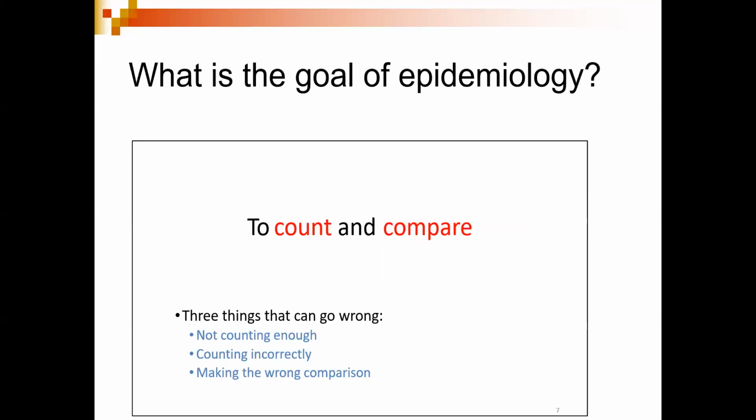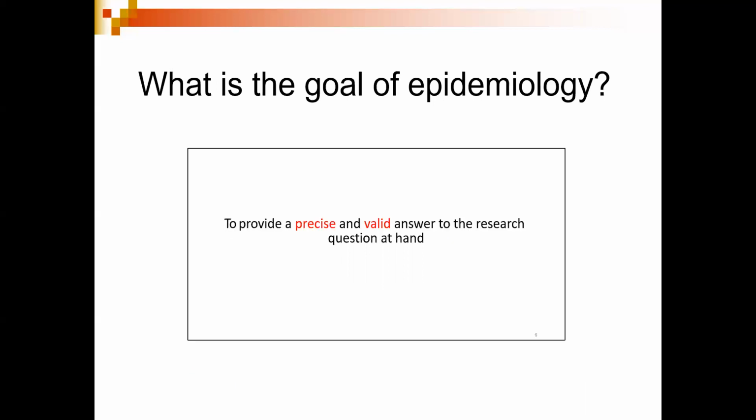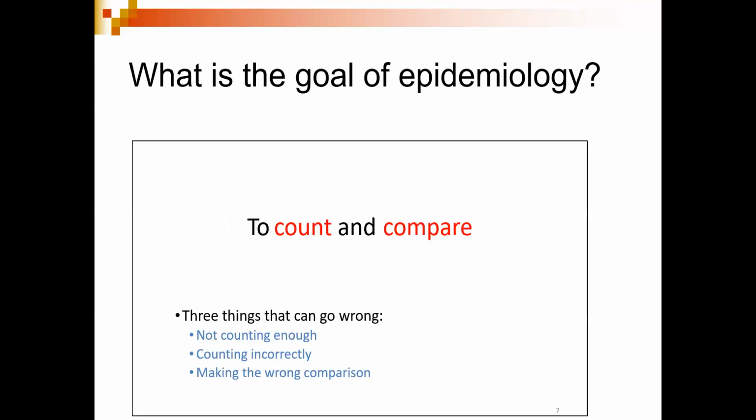So as you do that, in order to get a precise and valid answer to whatever you are researching, either you're counting or you're comparing. But as you do that, three things can go wrong. The first thing which can go wrong, you might not be counting enough. Or you might be counting, but counting incorrectly.